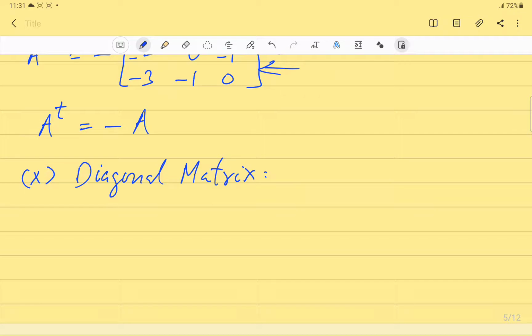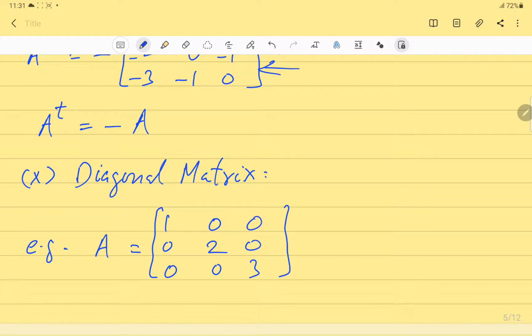Let's take an example. A is equal to 1, 0, 0, 0, 2, 0, 0, 0, 3. Now, we were talking about a diagonal. Which diagonal is that? It is this one. What we have said in the beginning, a square matrix, this is a square matrix of 3 by 3.